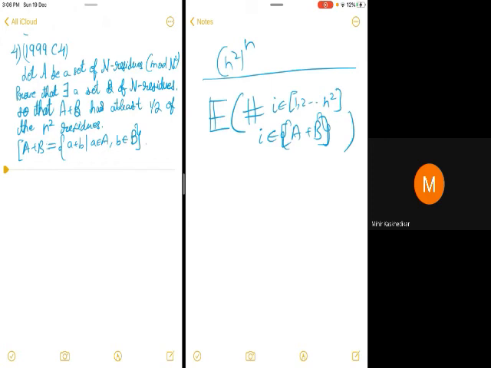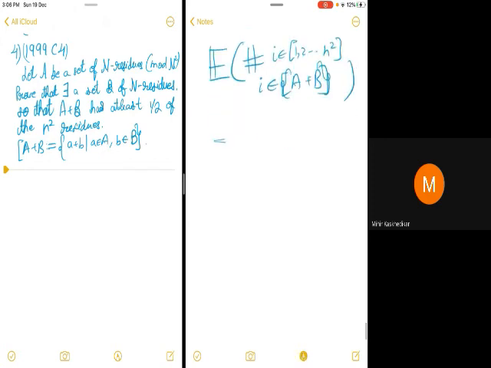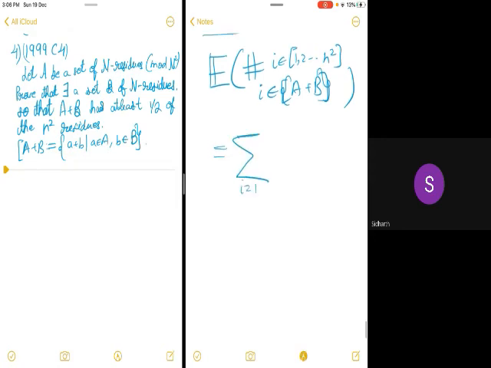This will just be the cardinality of A plus B. By our indicator function idea, this will be the summation over I from 1 to n square of the probability that the particular I actually belongs to A plus B, where B is chosen at random.